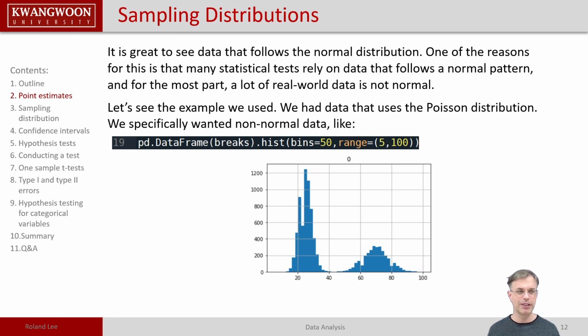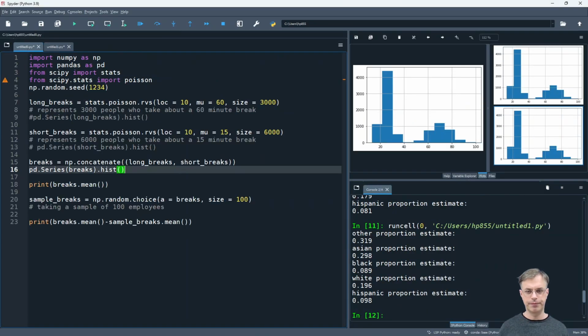Take our employee break data. For example, you might think I was just being fancy creating data using the Poisson distribution, but I had a reason for that. We specifically wanted non-normal data. So let's also continue our example over there.